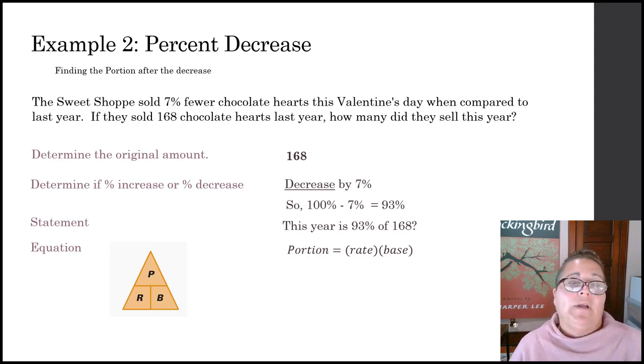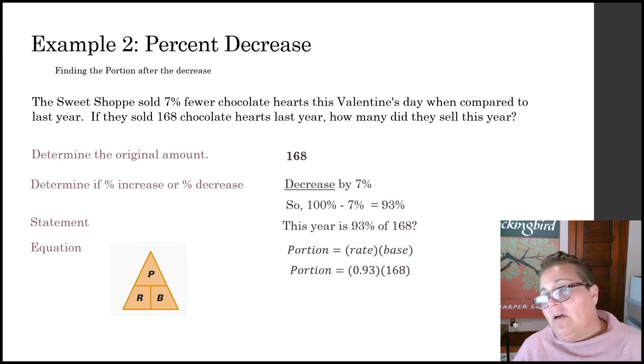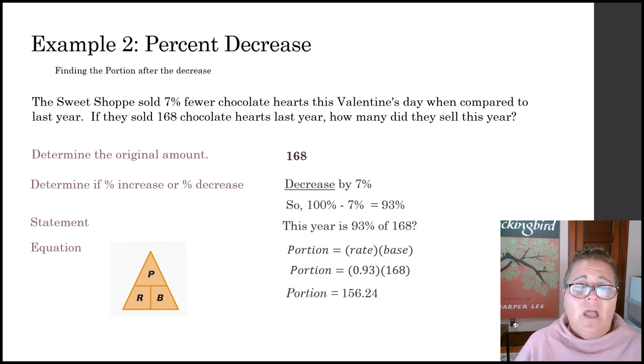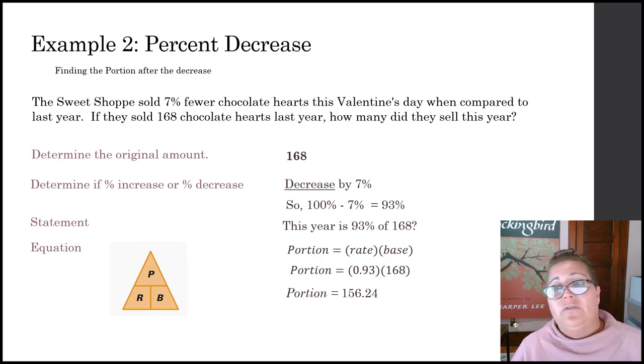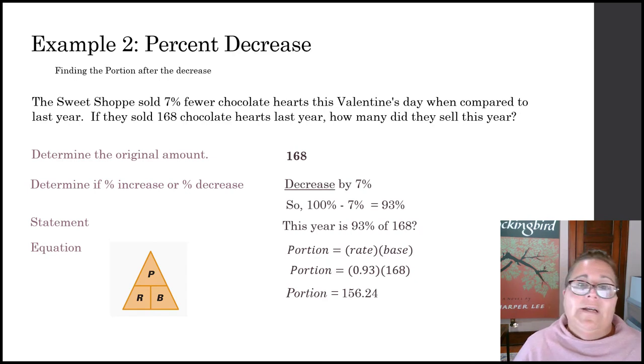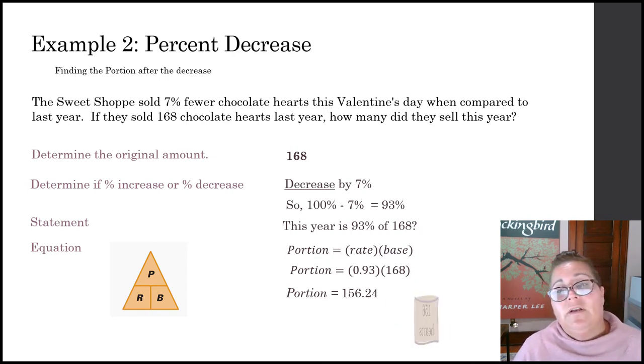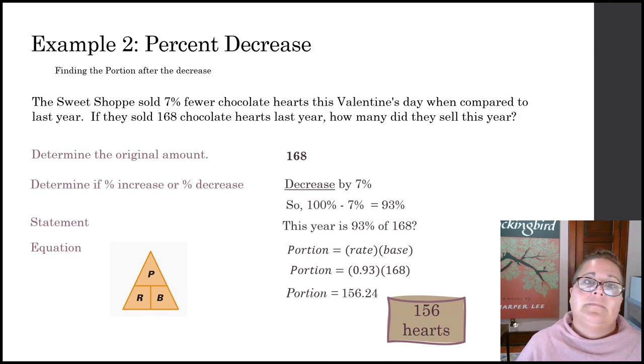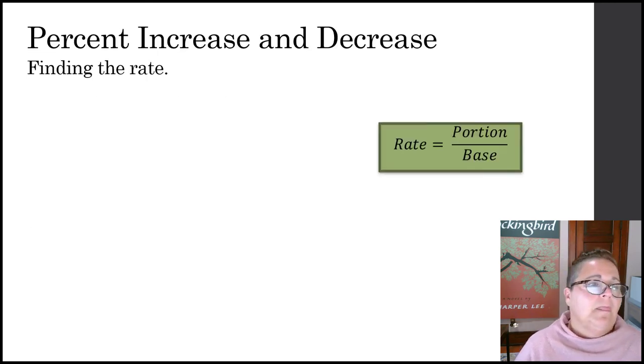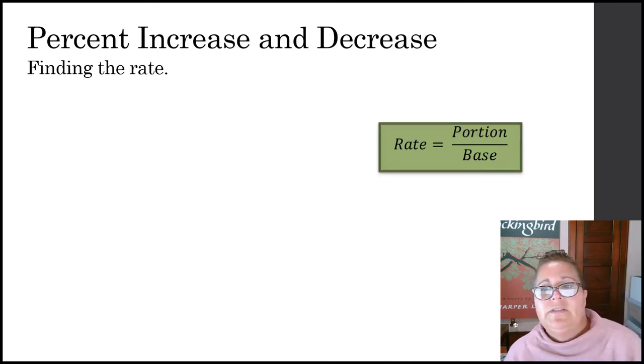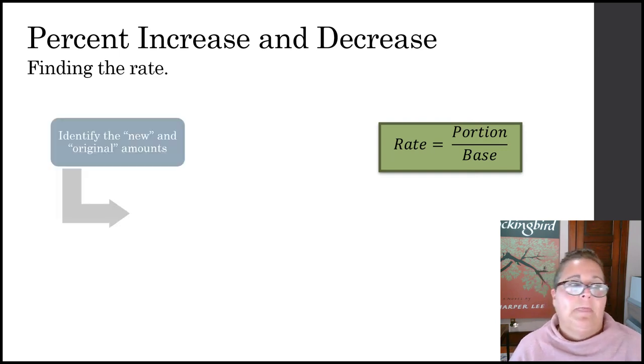So I'm going to have 0.93 times 168, which when I calculate that out, I get 156.24. Now, the sweet shop cannot sell 0.24 of a heart. It's just not going to happen. So I need to round that down to 156 chocolate hearts. Yay?